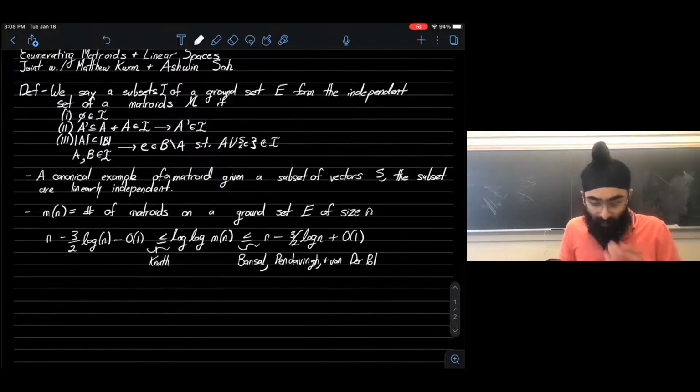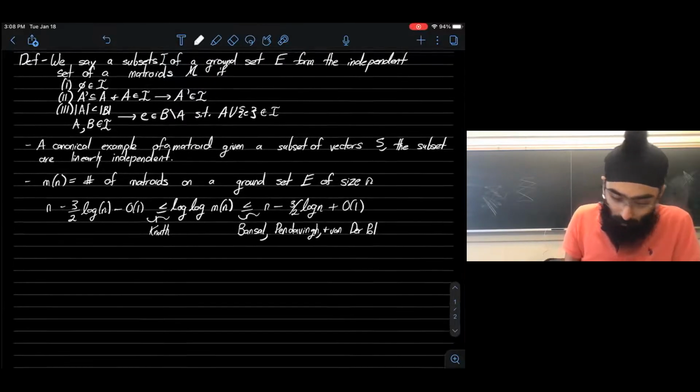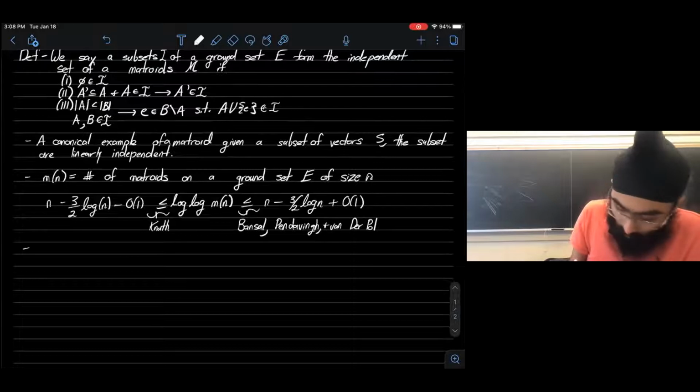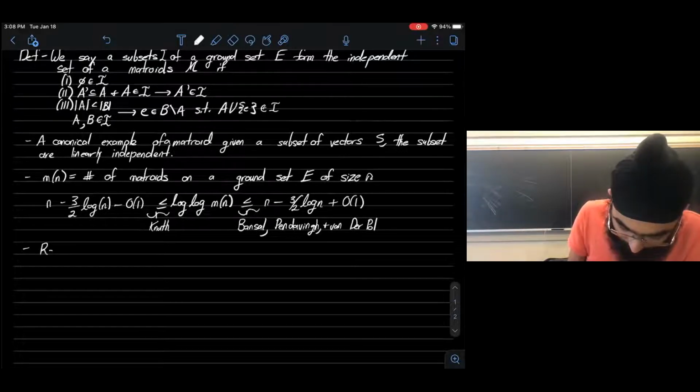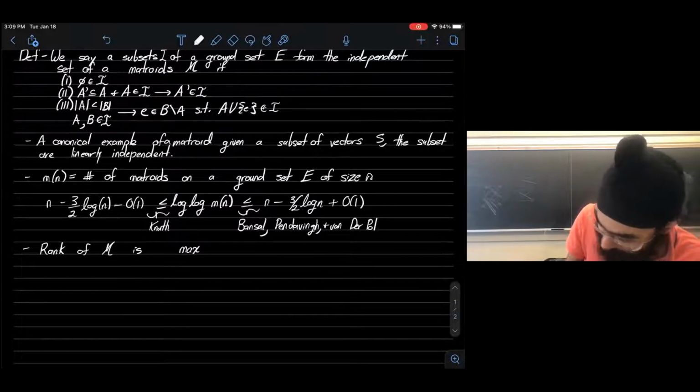But given this, if you look at their proof, it suggests that most matroids have rank around n/2. Given that, it's natural to consider matroids of a fixed rank. So the question we'll be concerned with is slightly more specialized: given a fixed rank. The rank of a matroid M is the size of the maximum independent set.